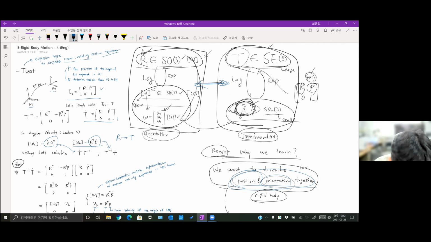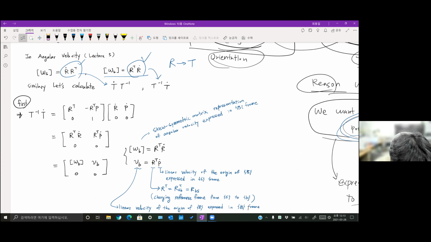So there may be some kind of special meaning about this one and this one. Then what is the meaning of this one and this one in here? So let's calculate this.